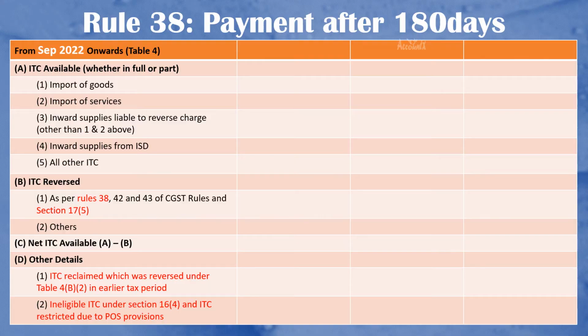To understand the chain of reporting of this particular transaction, let's first see the format of table 4. This is the format of table 4, which is going to be applicable from September 2022 onwards. At the time of purchase, when you avail input tax credit, you would include this transaction in table 4A5. Let's say you have not made the payment within 180 days.